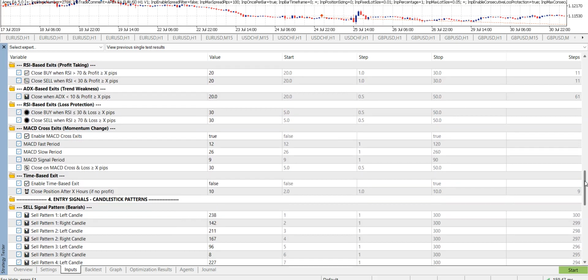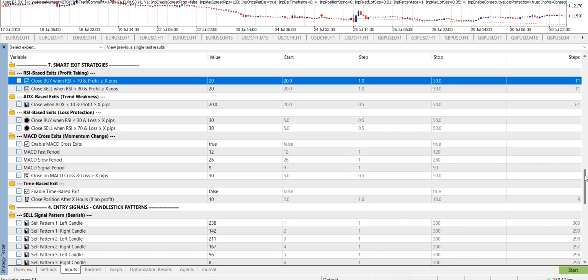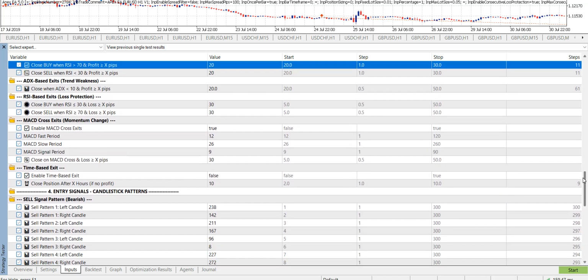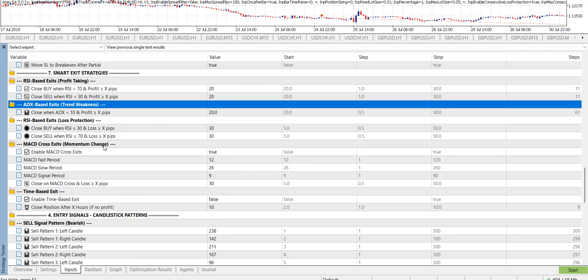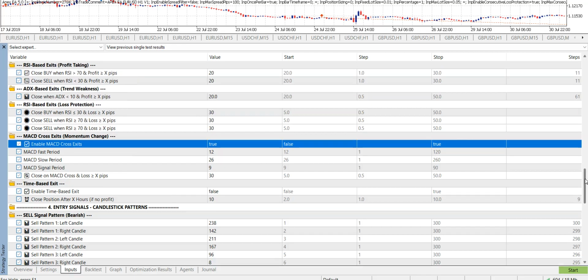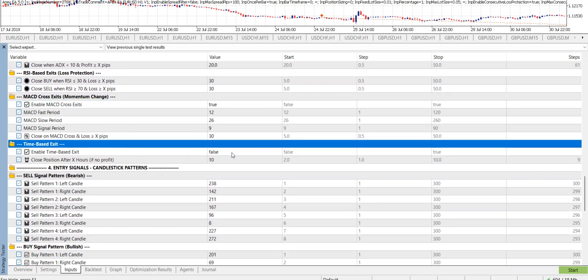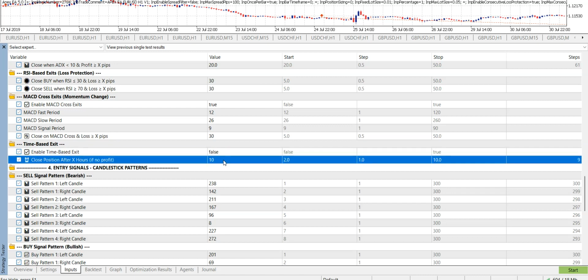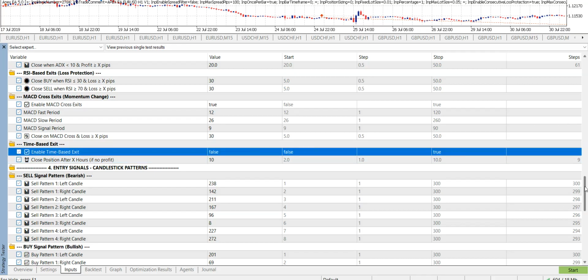Here, after this, we have a bunch of new features for dynamic exits, based on RSI, MACD, volatility, volume, this kind of stuff. You can use a time-based exit as well, after X amount of hours. If it's not in profit, it's going to close the trades, because the system is saying it isn't worth holding this trade anymore, so let's just close it.